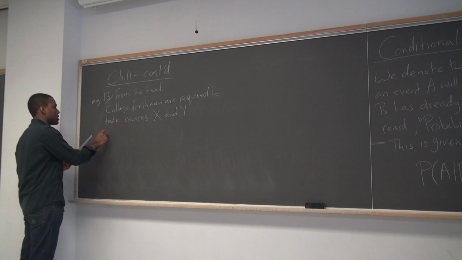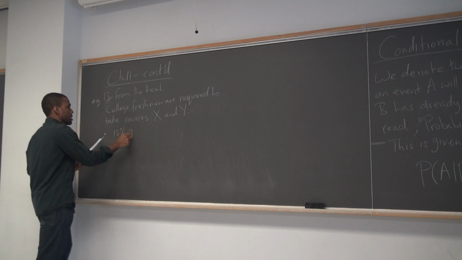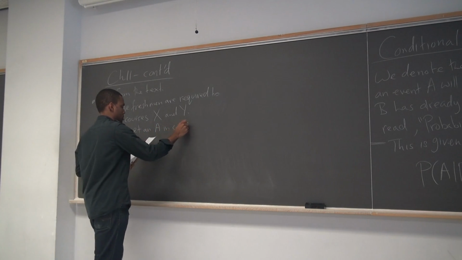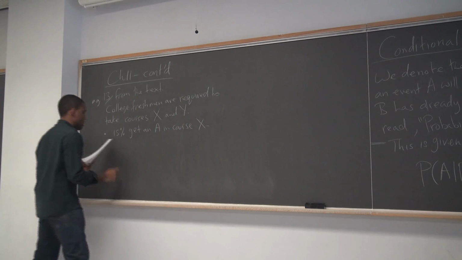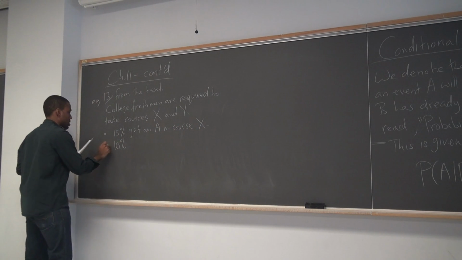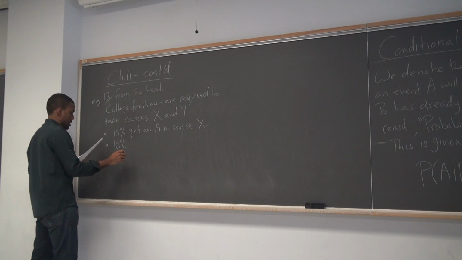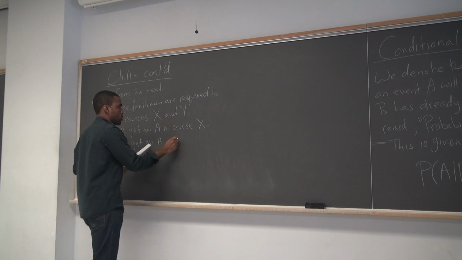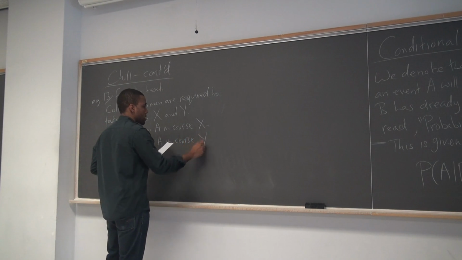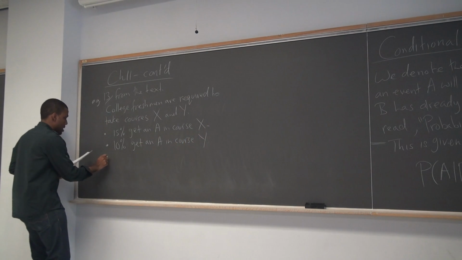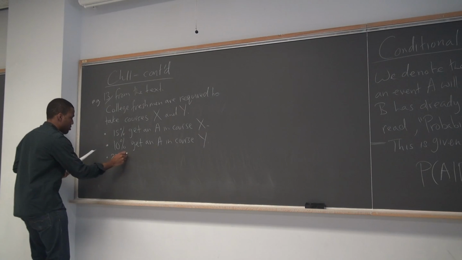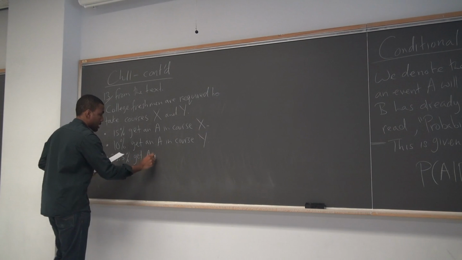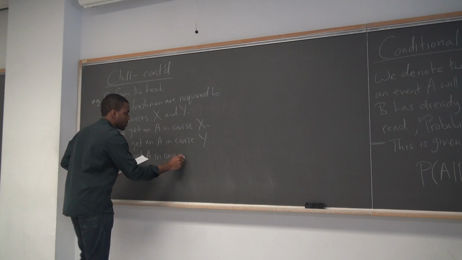And we know from statistics that 15% get an A in course X, 10% get an A in course Y, and we know that 23.5% get an A in one or the other.